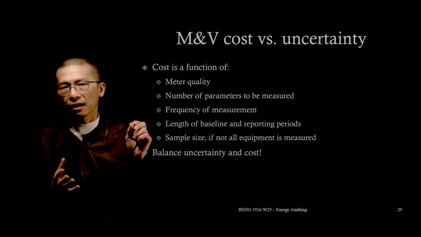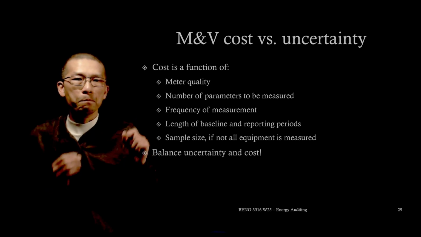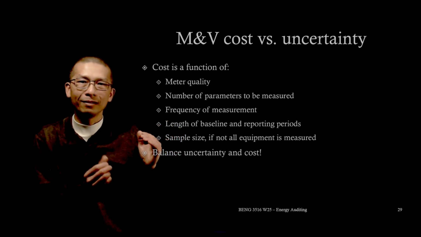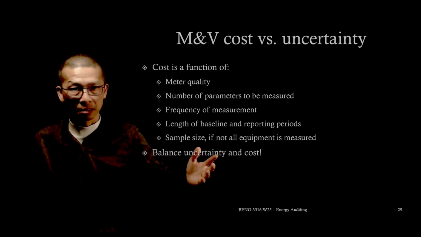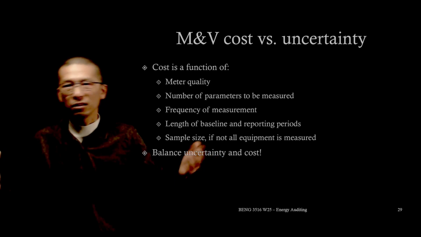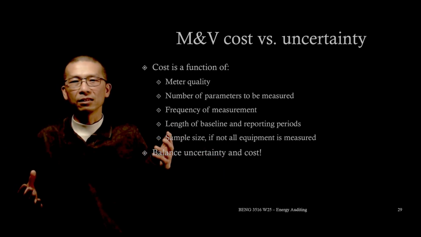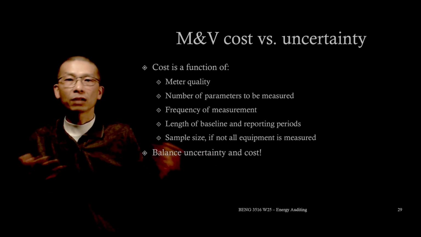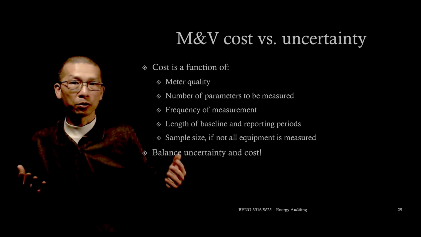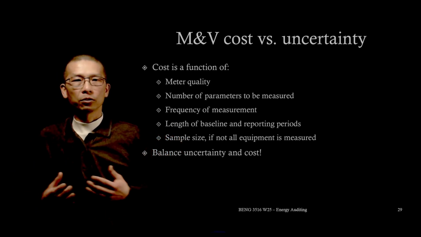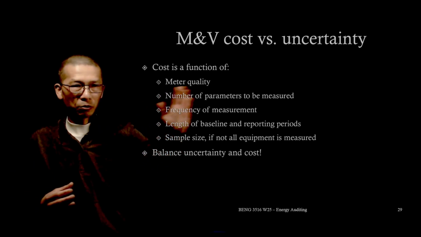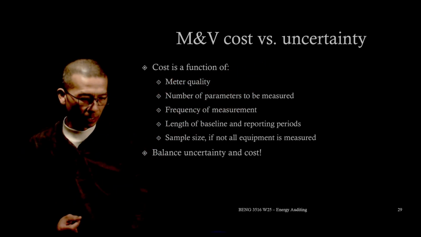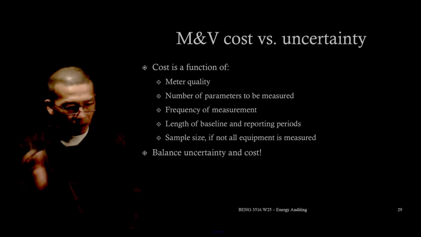The key is to design an MMV plan that minimizes the uncertainty to an acceptable level without overspending. For smaller, simpler ECMs, we can use a simpler, less detailed approach to minimize the cost. But for more complex, capital-intensive projects, you don't want the uncertainty to destroy the project. Put it that way. So, balance between uncertainty and cost.